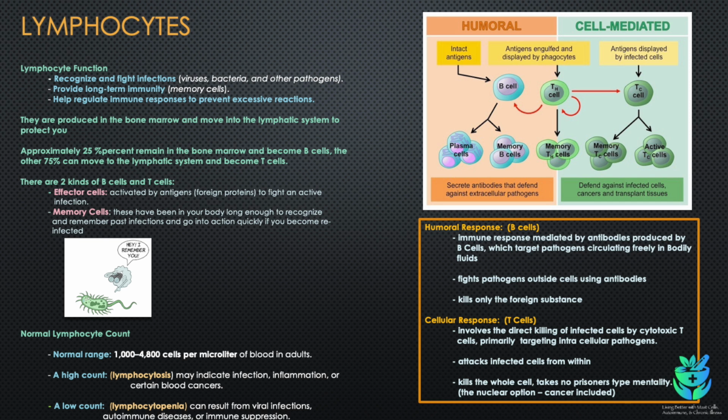Normal lymphocyte count is 1,000 to about, we'll say, 5,000 cells per microliter of blood in adults. A high count, which is lymphocytosis, may indicate infection, inflammation, or certain types of blood cancers. A low count, which is lymphocytopenia, can result from viral infections, autoimmune diseases, or immune suppression.